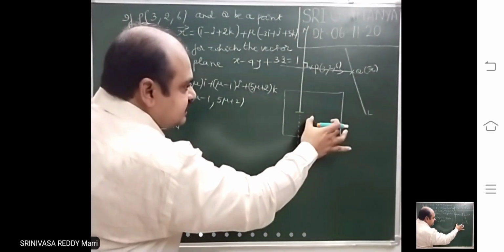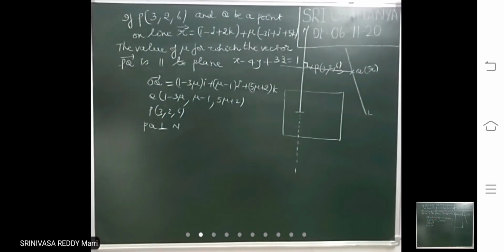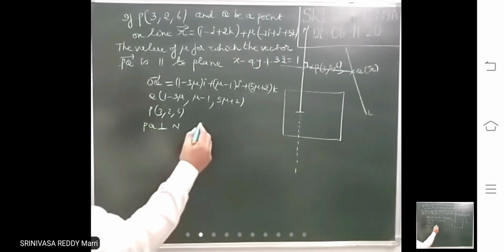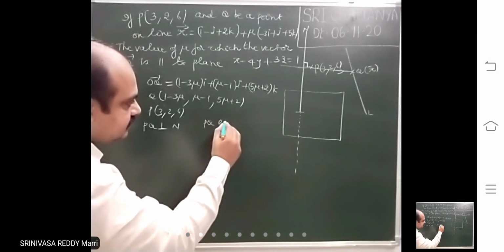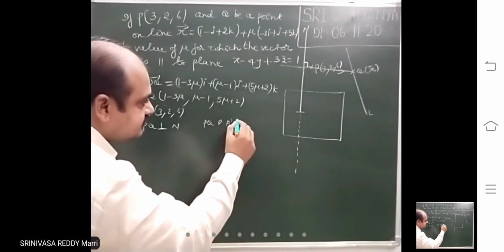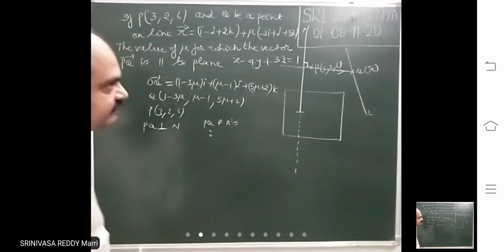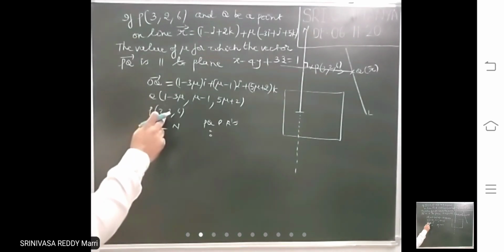If the vector is parallel to the plane, it will be perpendicular to the normal. So you will use the perpendicularity condition. First find the DRs of PQ, with Q being this and P being this.